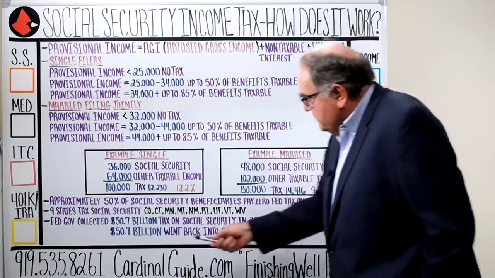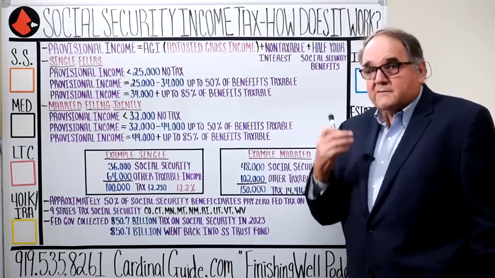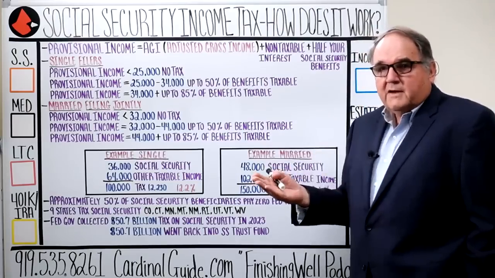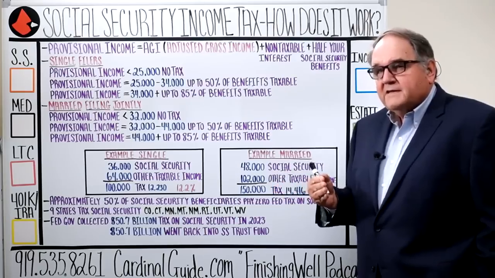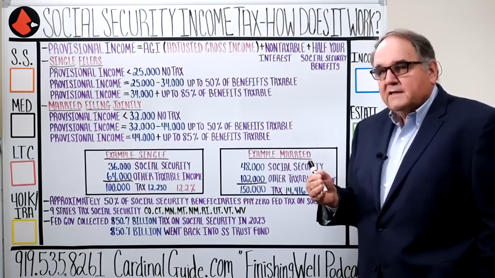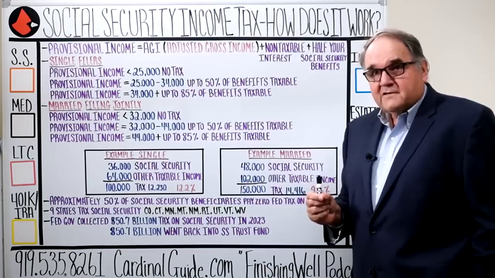And that 50.7 billion went right back into the Social Security Trust Fund, or it was used to pay benefits. You can put it either place. But that's about 5% of the benefits in 2023 were paid from the federal taxes on the Social Security recipients.